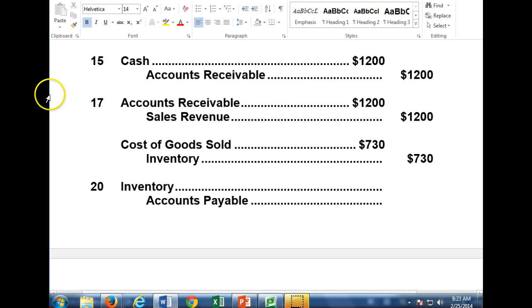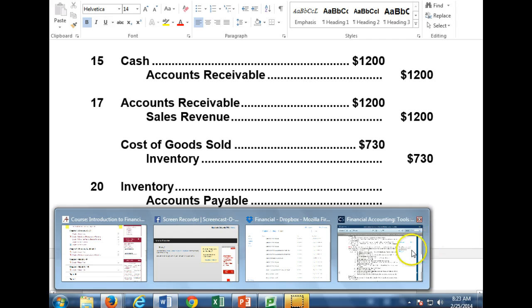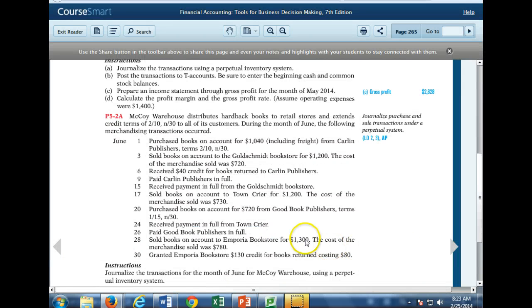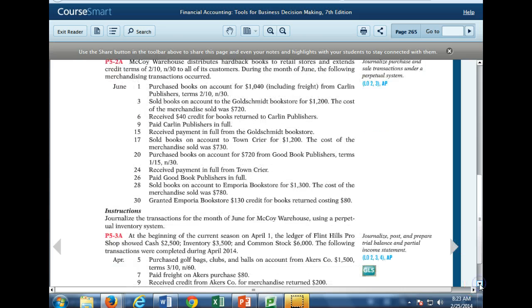Now, the next one shows us paid Good Book Publishers in full. How much did we owe Good Book Publishers? Purchased books on account for $720 from Good Book Publishers. So we bought them for $720. The discount was 1/15.